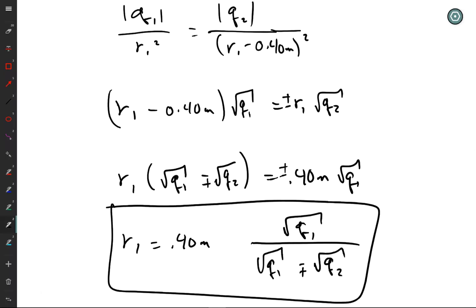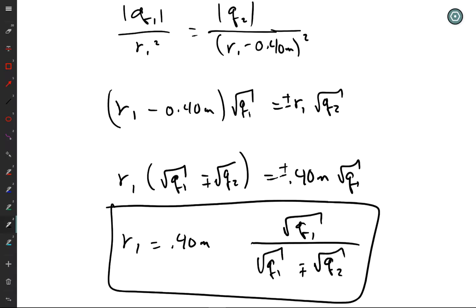Well, it really should have absolute values on these Q's, so they're all rational. Right, because this isn't a square root of A minus B, it's square root of A minus square root of B. If plus or minus, we're going to get different answers. Right, because there are 2 points, there are 2 answers.